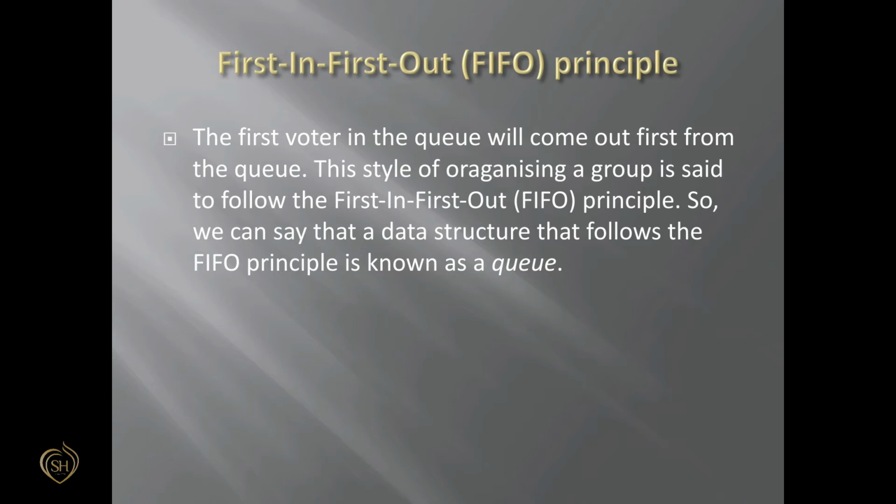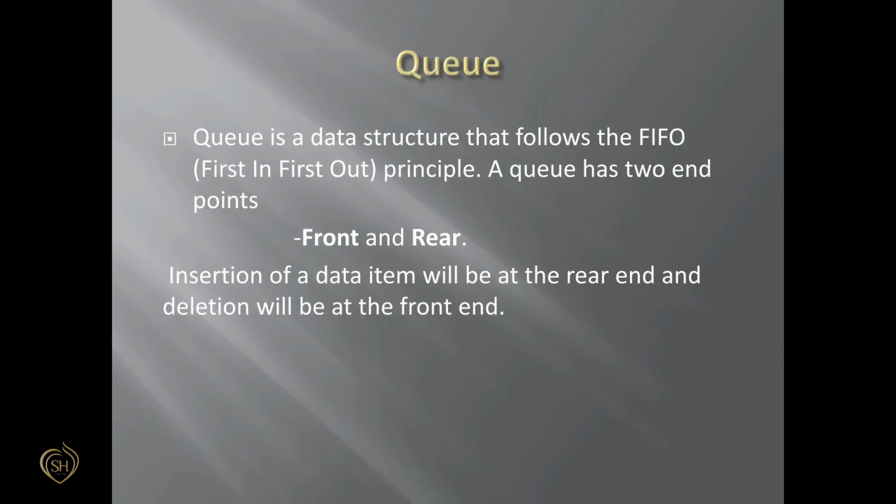The first voter in the queue will come out first from the queue. This style of organizing a group follows the FIFO principle. So, we can say that the data structure that follows the FIFO principle is known as a queue.